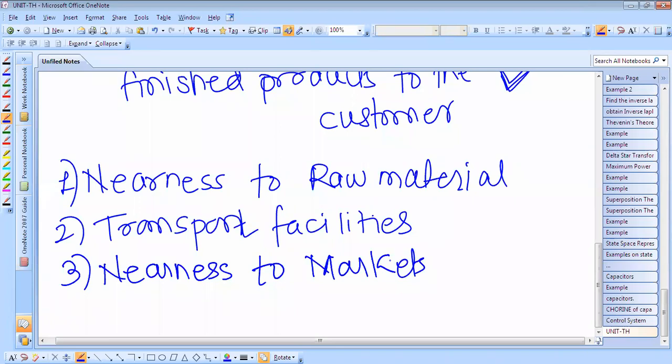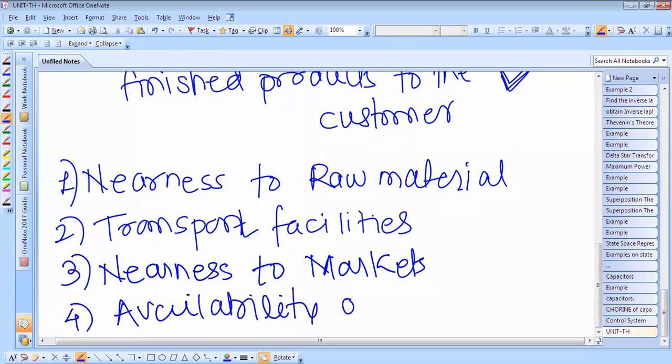When you have to set up new plants or expand an existing plant, we have to consider these factors. Next point is the availability of labor. Obviously, we require labor for the operation of different tasks, and therefore a stable labor force, of the right kind and adequate size.